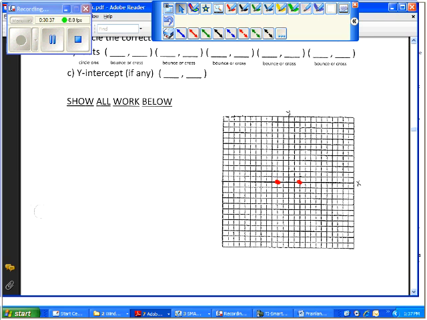Okay, so the y-intercept was (0, 8), up 1, 2, 3, 4, 5, 6, 7, 8. The end behavior is down on the left and up on the right. So here we go.